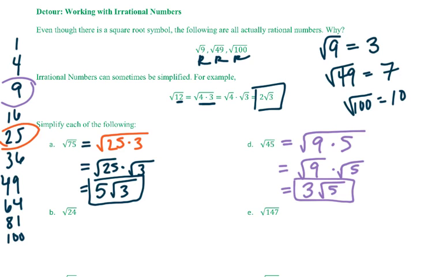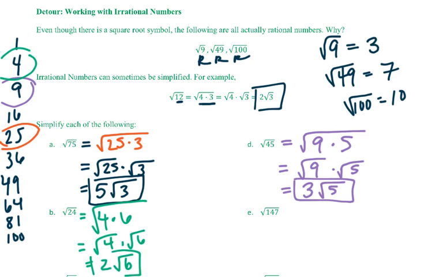With 24, the largest number that can go into 24 that is a perfect square is 4. So I can rewrite this as square root of 4 times 6, which is square root of 4 times square root of 6, which is equal to 2 root 6.